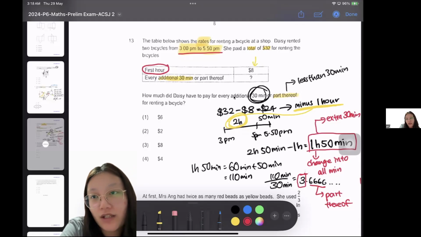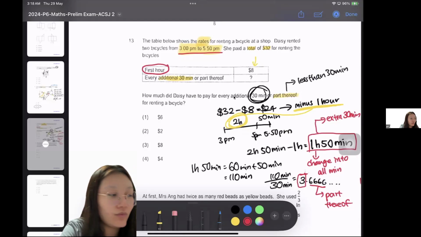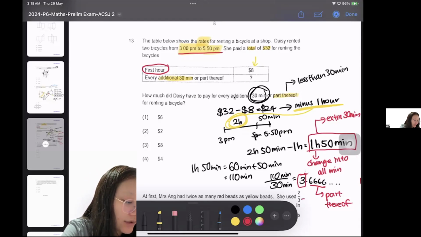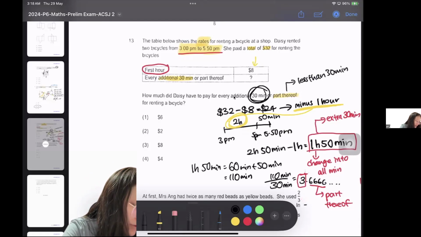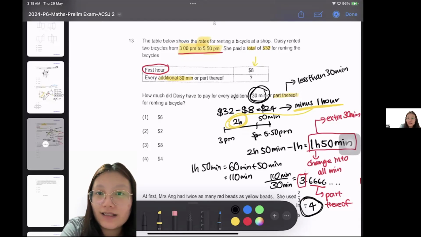Even if it's a part thereof, you also charge the same amount. So basically, 3 plus 1 equals 4. So there are 4 lots of 30 minutes inside the time that she rented.